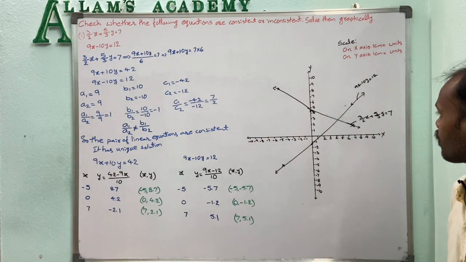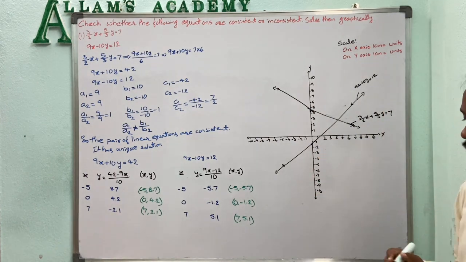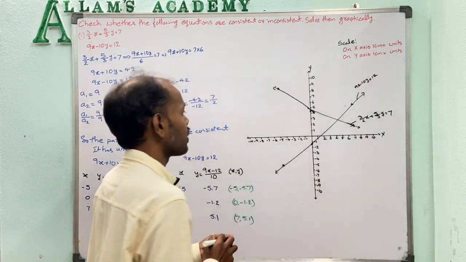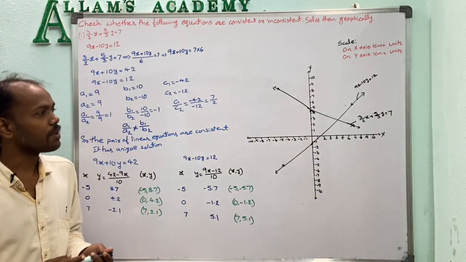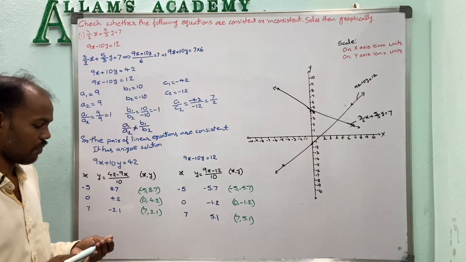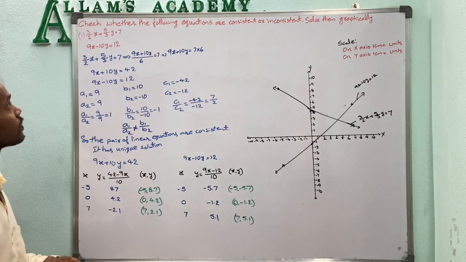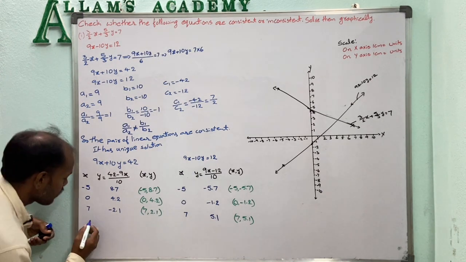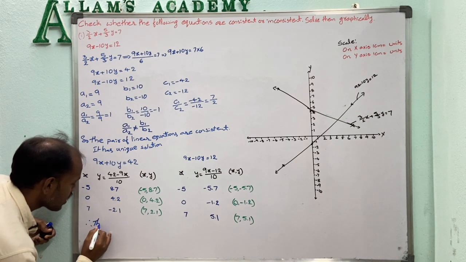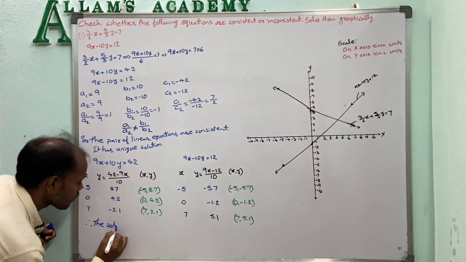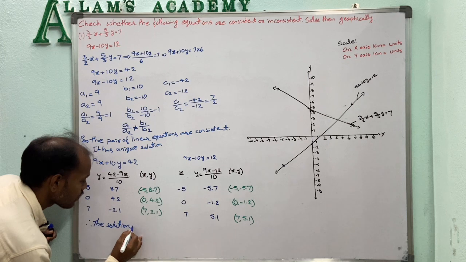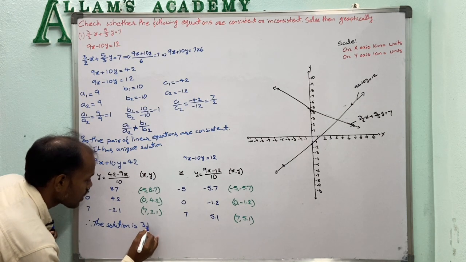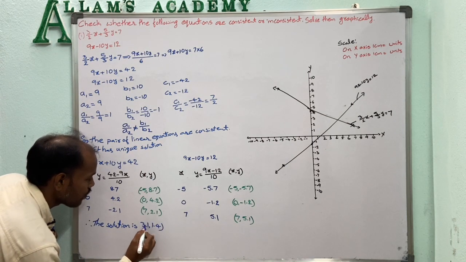Okay, now if we observe where both lines meet, they meet at 3.1 and 1.4. So the solution is 3.1, 1.4.